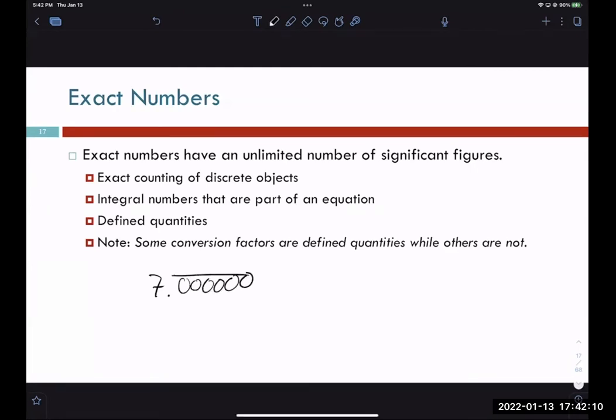We know that there are exactly 7 pennies. When I step on the scale, I don't know if I'm 239.2 or 239.22 pounds. That number is going to stretch out to infinity, but I can't know what it is unless I get an accurate enough scale.